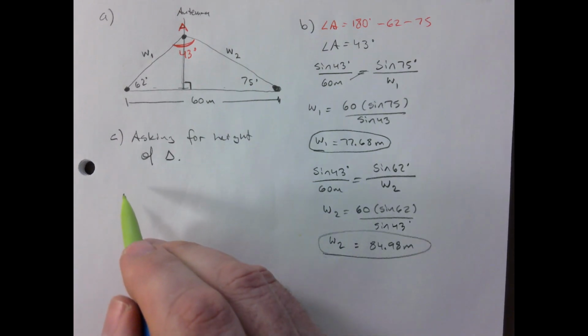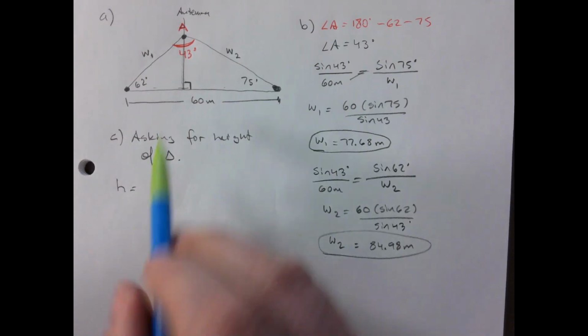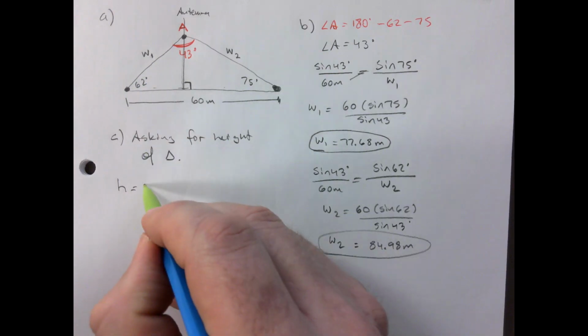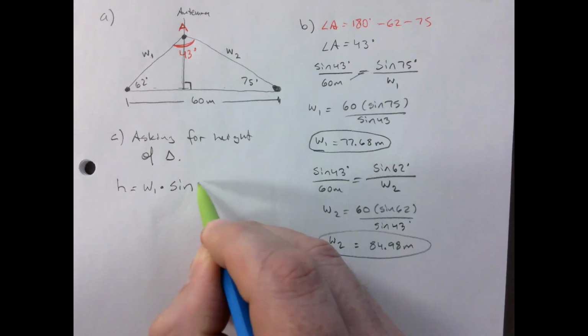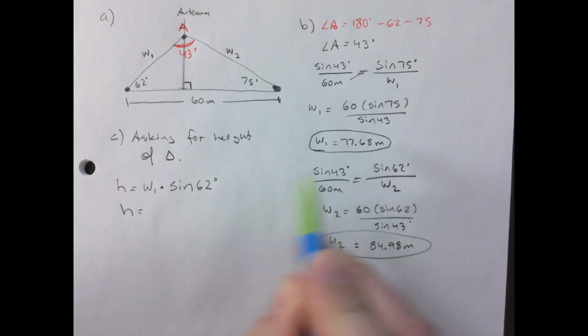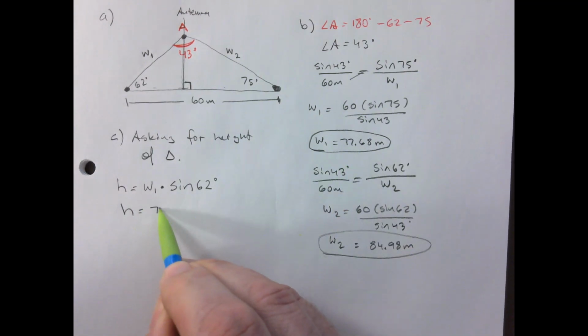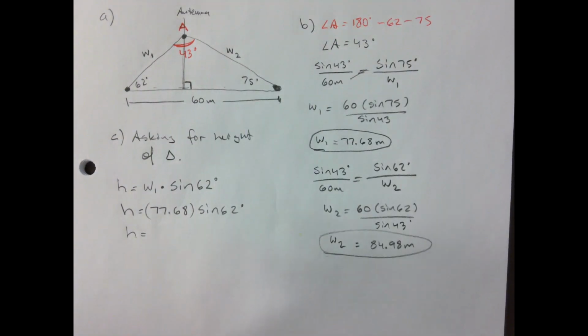So how would we do this? This is where you go to your study sheet and you're like, W1 times sine of 62, correct? W1 I already know, 77.68. And that is 75.03.